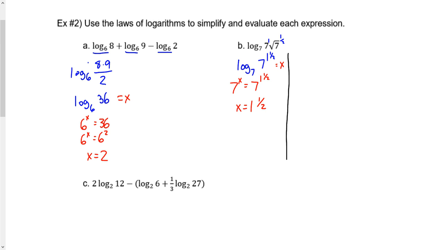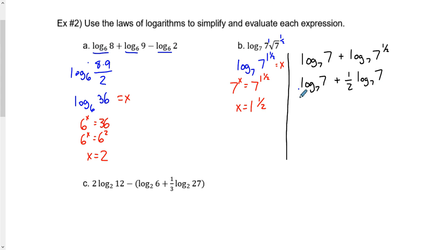Very similarly, we could split this apart. Because it's a multiplication here, this could be rewritten as log base 7 of 7 plus log base 7 of 7 to the power of 1/2. Go down further, log base 7 of 7 plus 1/2 log base 7 of 7.